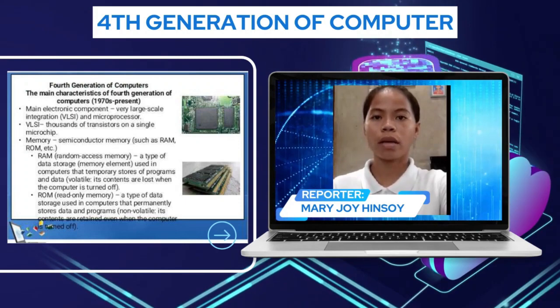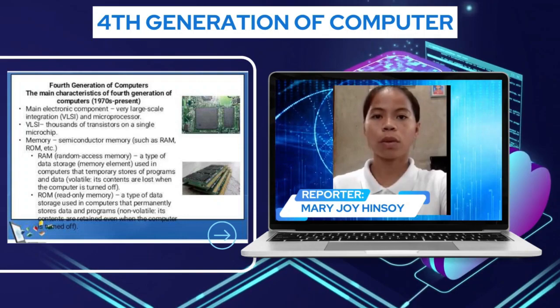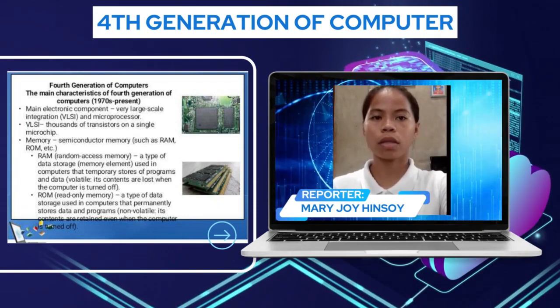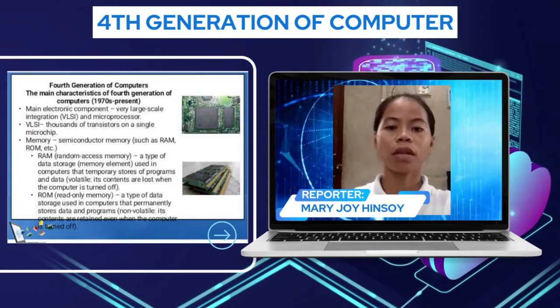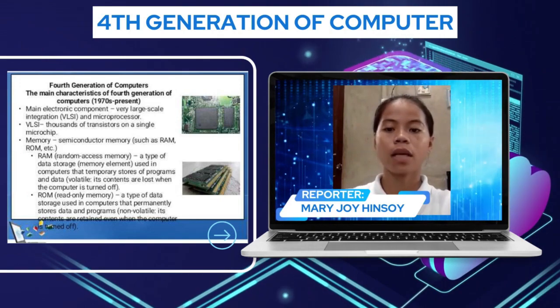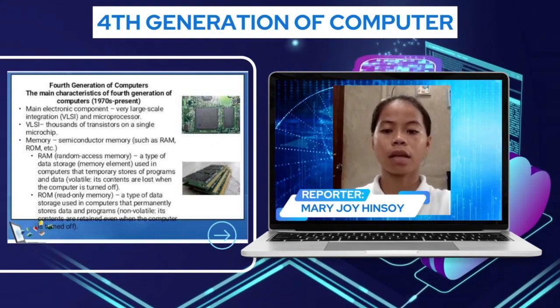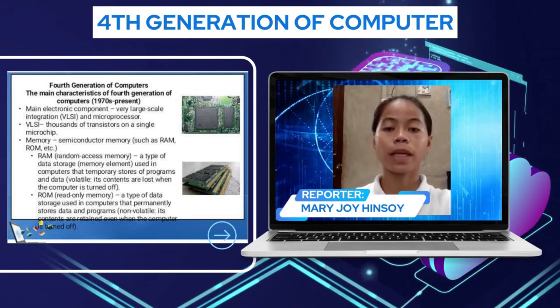ROM, or read-only memory, is a type of data storage used in computers that permanently stores data and programs. The fourth generation computers have microprocessor-based systems and use VLSI circuits. It improves speed and accuracy.